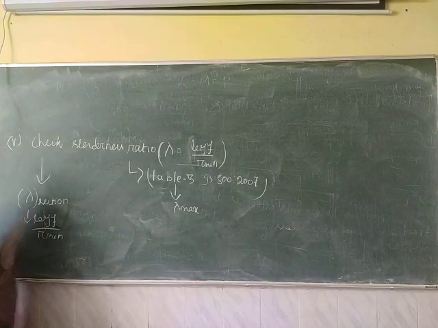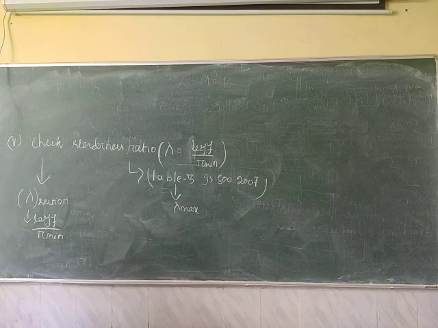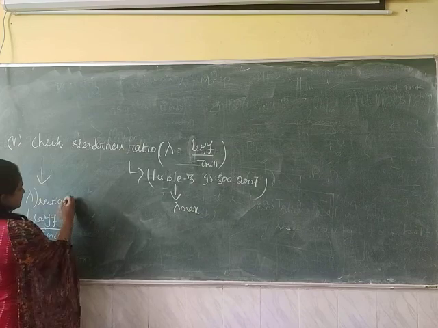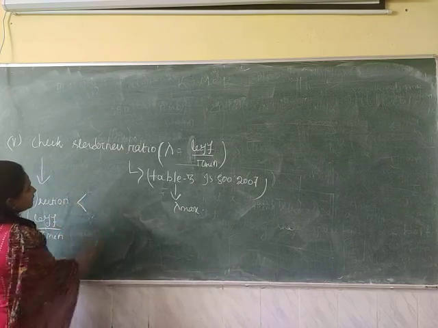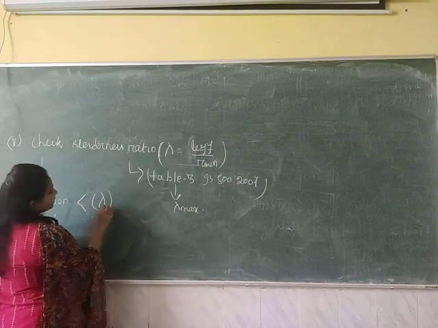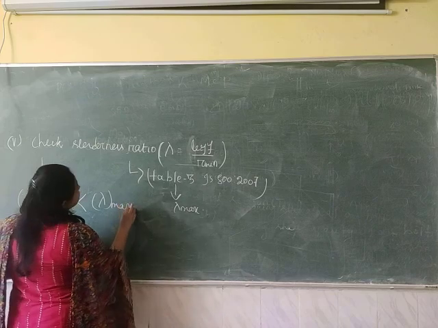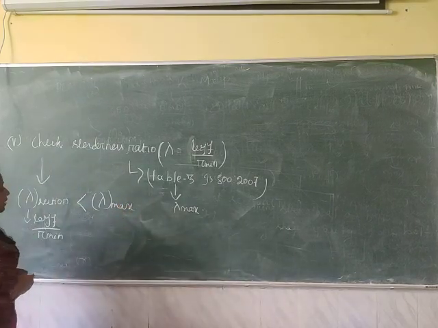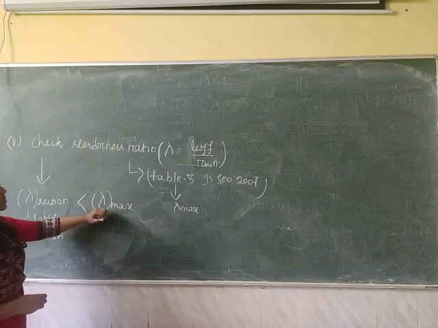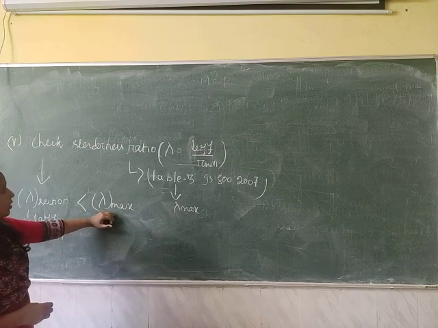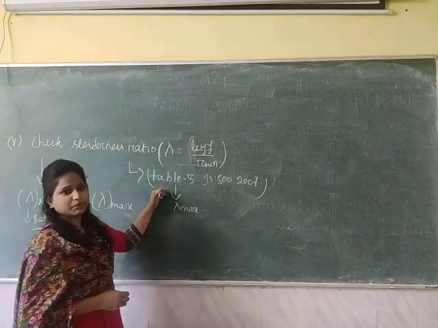So calculate the slenderness ratio of the section, then check it should be less than the maximum slenderness ratio value. This maximum value you can get from table number 3.